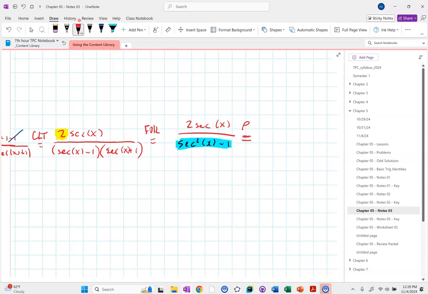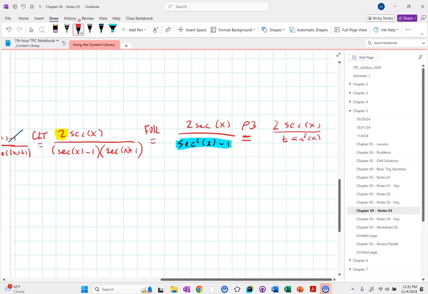P3. Now we have a secant squared minus 1 though, right? So if I take P3 and I subtract 1 from both sides, I get that tangent squared is equal to secant squared minus 1. So I'm going to say that.